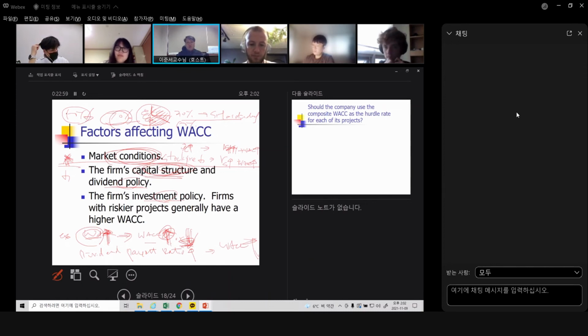So there's going to be a shortage of funds. Then the company cannot but issue new stock. As I told you, RE is lower than RS. So if the dividend payout ratio is increased, then we cannot but issue new common equity, whose cost is higher than the cost of retained earnings. So WACC is going to be increased.